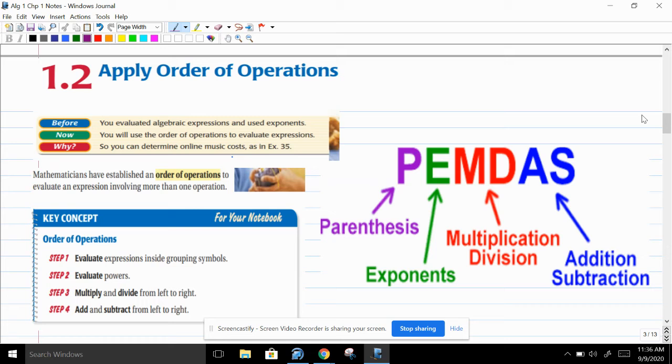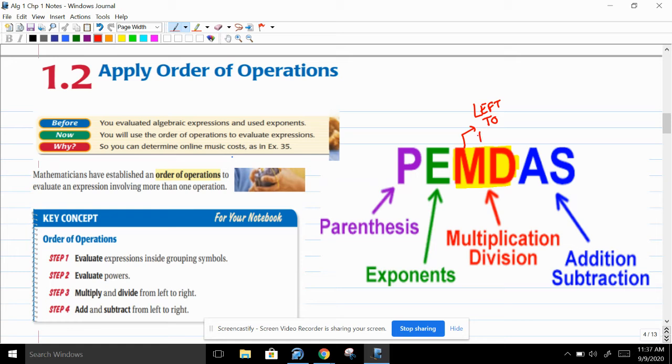Parentheses, exponents, multiply and divide. Guys, I'm going to highlight M and D, multiplying and dividing. We are going to tackle those left to right.